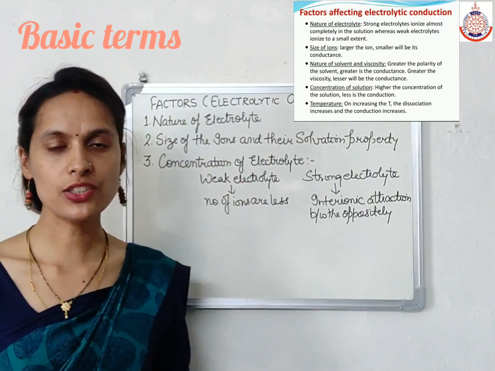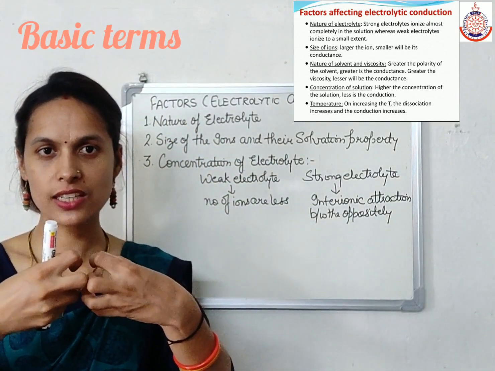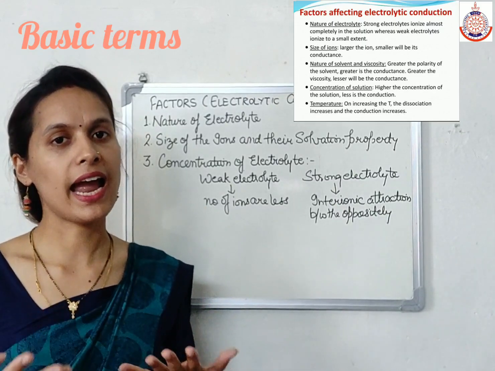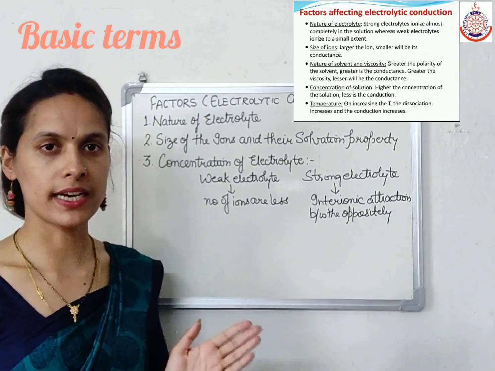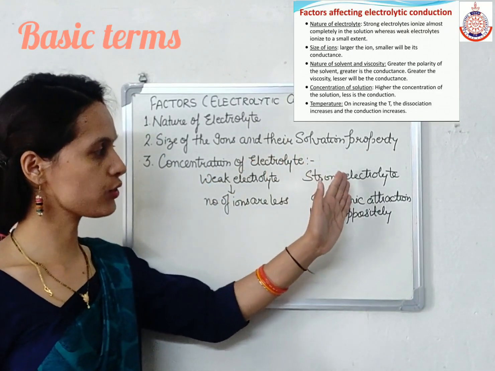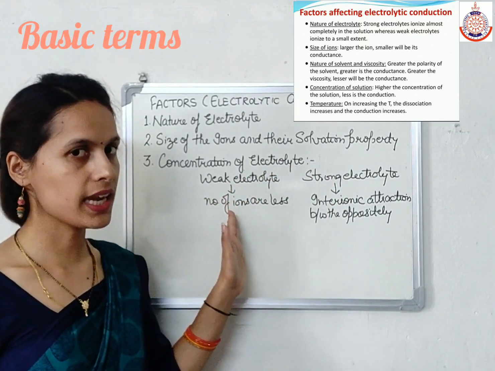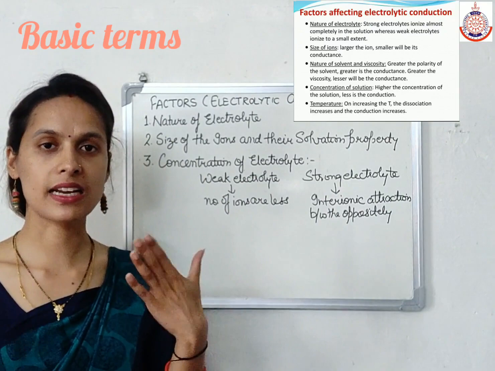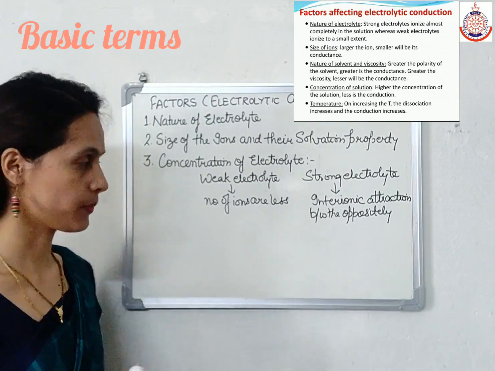As a result, the ions remain stuck to each other. They will not flow from one point to another, and hence the conductivity is reduced. So whether we are talking about a weak electrolyte or a strong electrolyte, in both cases, if we increase the concentration of the electrolyte, then the conductivity decreases.